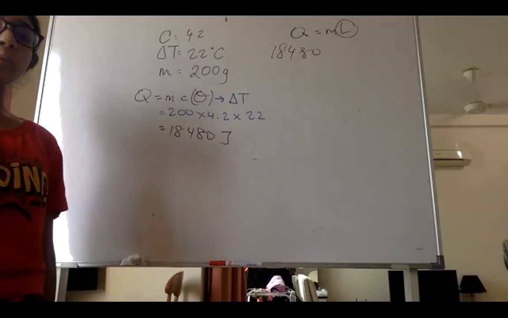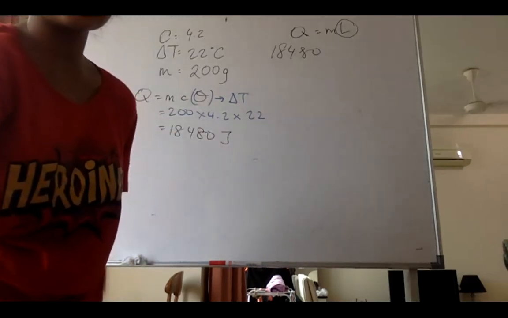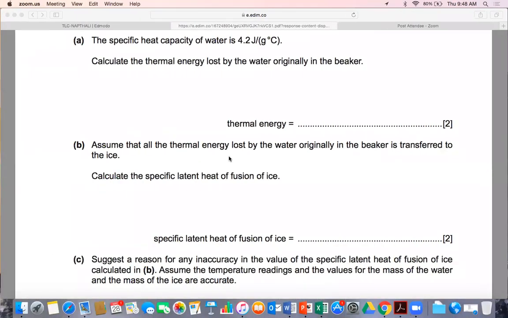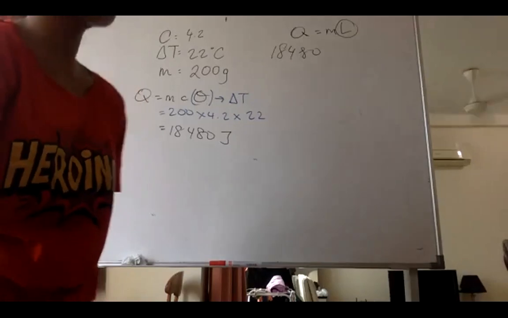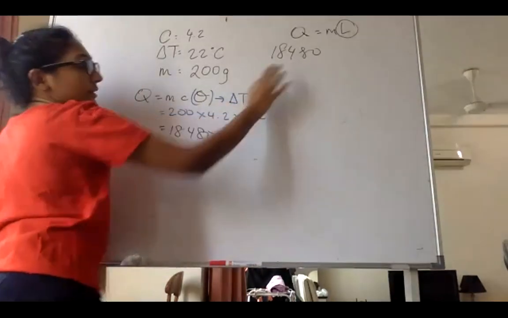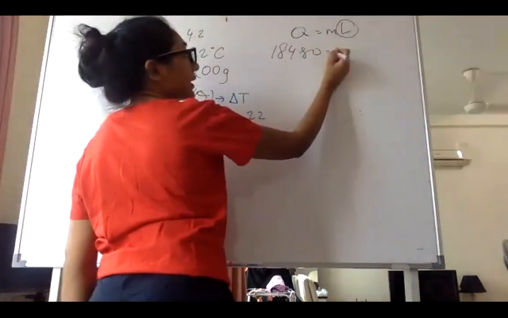Ice is melting in the water, so what is happening? Look at the question. The thermal energy lost by the water is transferred to the ice. That's why we're using the thermal energy from the water to calculate the fusion of ice, because they are transferred over.